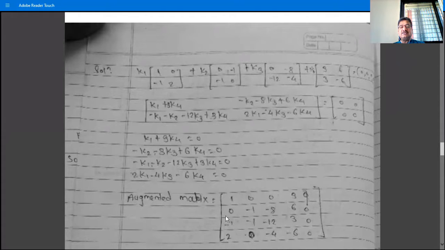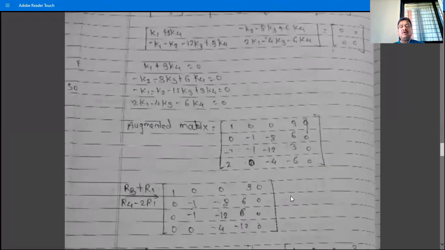Just form the augmented matrix, reduce it to echelon form, and write the rank of A and rank of AB. If both are equal, the system is consistent; if not equal, the system is inconsistent. If the system is consistent, rewrite the equations to get the values of k1, k2, k3, k4, the unknowns. This is the simple Gauss elimination method.